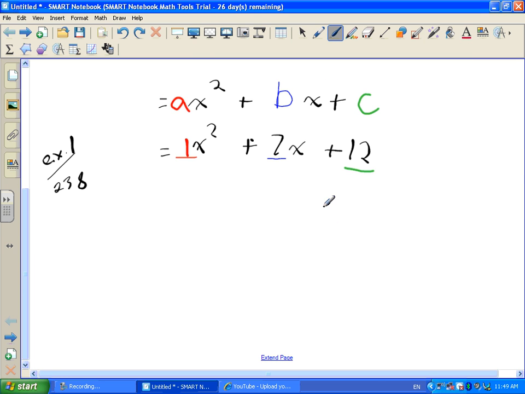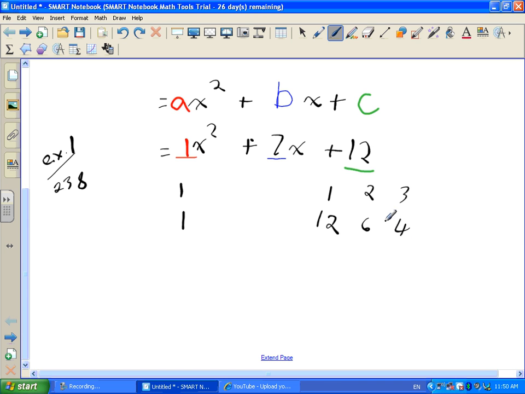What we're going to do next is I'm going to walk you through how to factor a question like this. So the very first thing we're going to need to do is I need to find all the factors of a. So because a is 1, what are my factors of a? 1. 1 multiplied by 1. Those are the two factors, okay? The next thing I want you guys to do is find the factors of 12. We have 1 and 12, 2 and 6, 3 and 4.